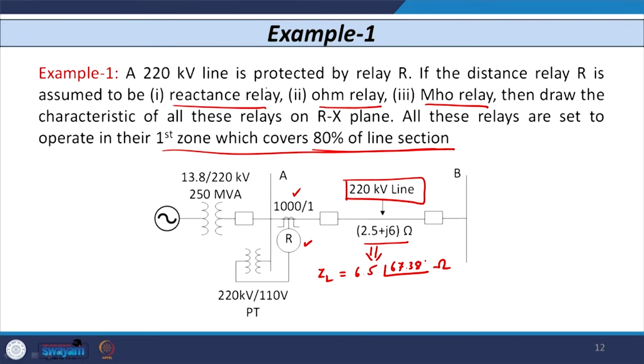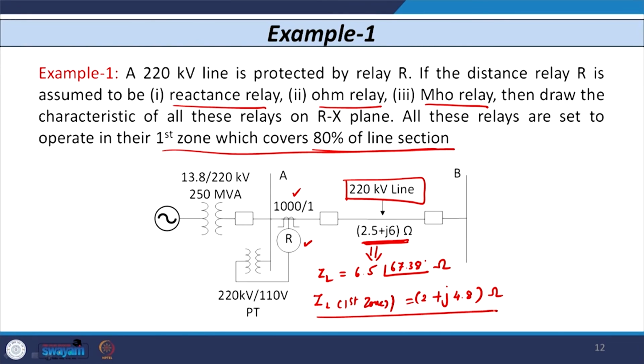So, if I take 80% of this value, the first zone impedance ZL first zone is 2 ohm + j4.8 ohm. So, we have taken 80% of the line impedance, and we have the impedance in the first zone.